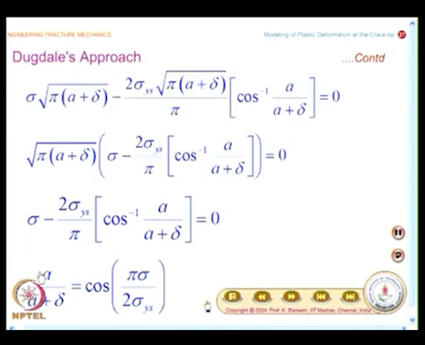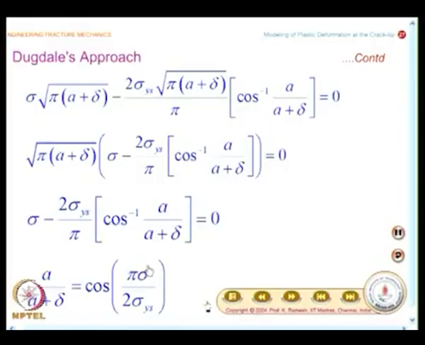See, whenever we have an expression like this, as engineers we have to bring in certain approximations. Only by bringing certain approximations you would be able to get a simplified expression. And what is the approximation we will do? When you have sigma and sigma ys appearing here, in most of the fracture problems the value of sigma will be far below the value of yield strength of the material. See, that was the worry, structures were failing at stresses far below the yield strength value.